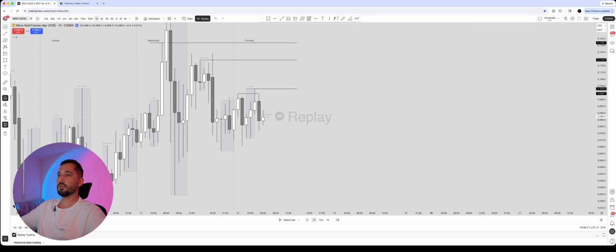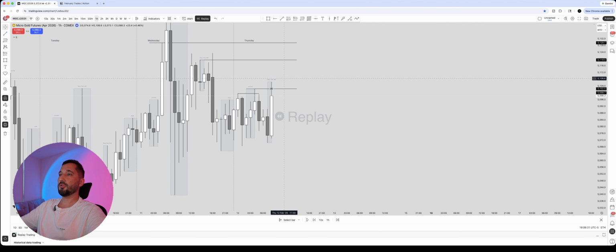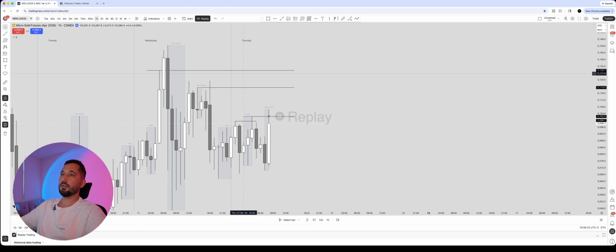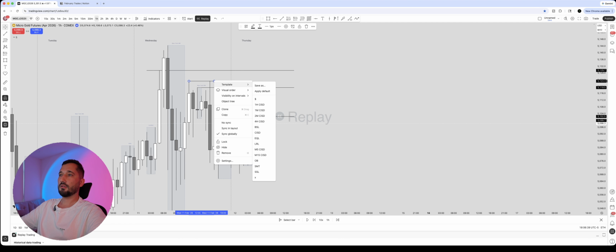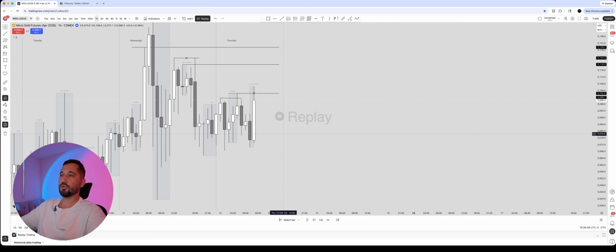So when the market opens at 9:30, I see that we swept London highs. This resistance to the upside, I consider it high resistance liquidity. So my bias was short.